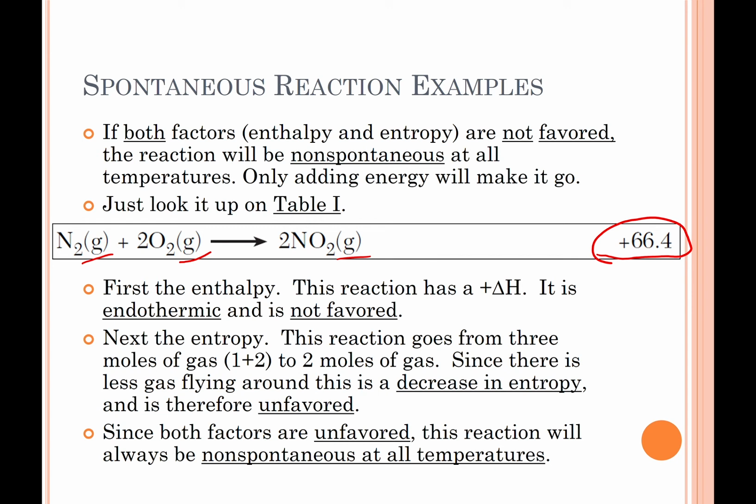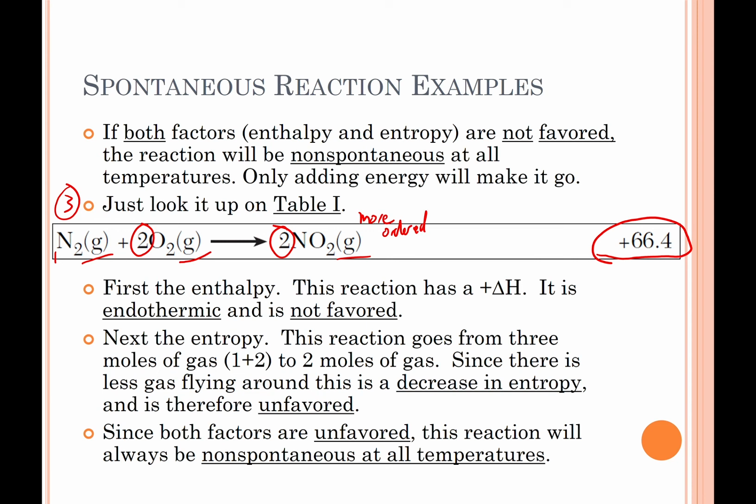Well, they're all the same phase, but if we look at the moles, we have 1 mole of N2 gas and 2 moles of O2 gas for a total of 3 moles as reactants and 2 moles as a product. So since we have less gas flying around, 3 moles compared to 2 moles, this is considered a decrease in entropy. This is becoming more ordered due to less gas molecules flying around.